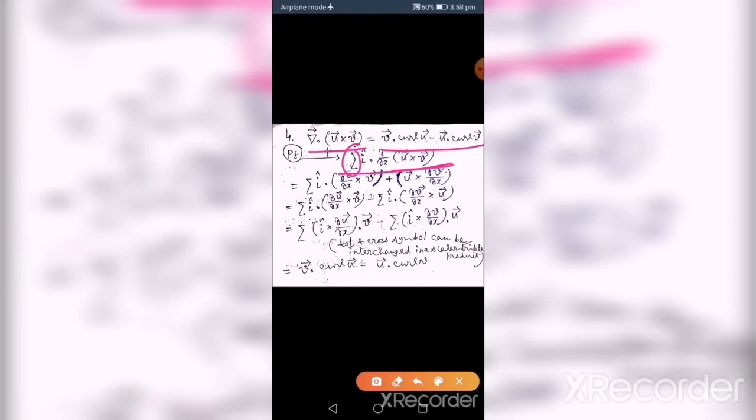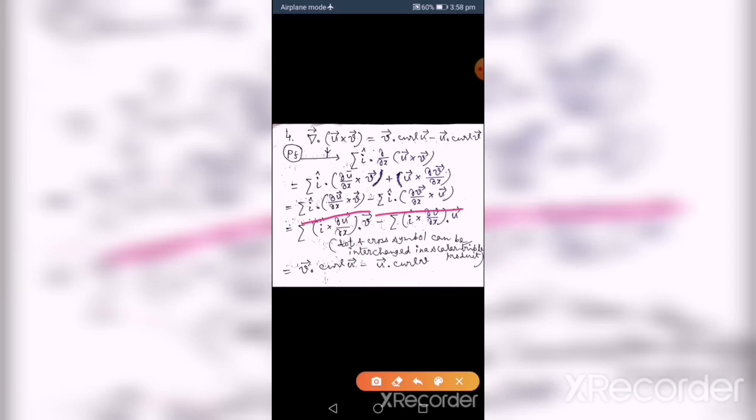Differentiating partially the cross product, we get i dot something, which is equal to del u del x cross v plus u cross del v del x. Expanding this into two different terms: summation i dot del u del x cross v minus i dot del v del x cross u. We have interchanged these two, that is why the minus sign arises.